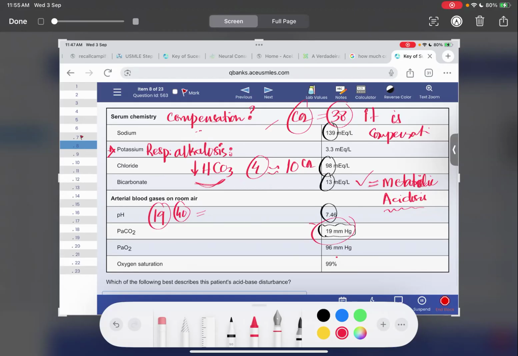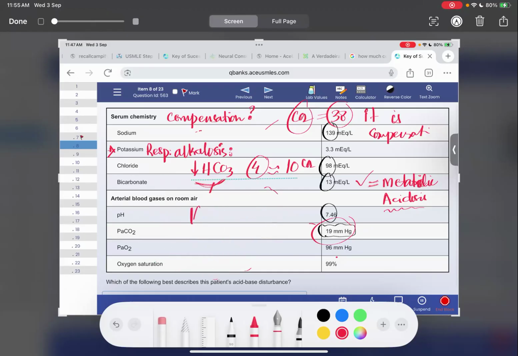So the difference is almost 20, 21. So the compensation for this will be 8. 4 for 10, so for 20 it will be 8. So the bicarbonate will decrease only 8. Normal is 24. It will be how much? 16.